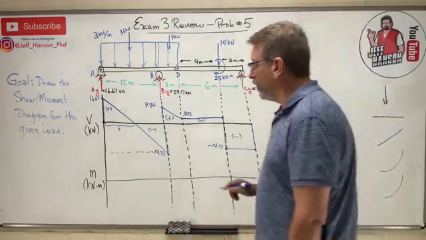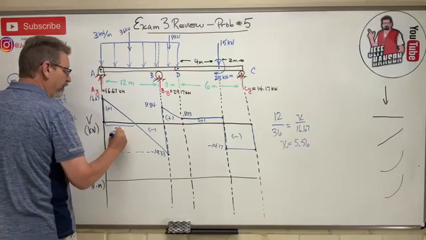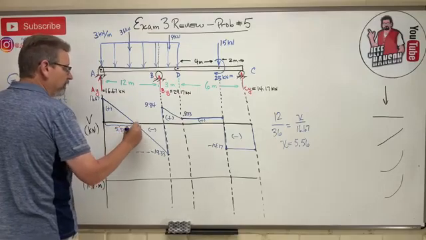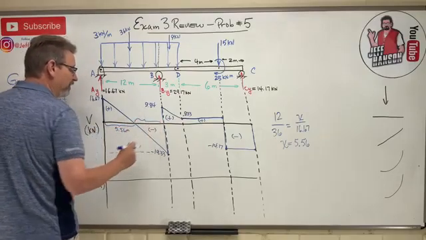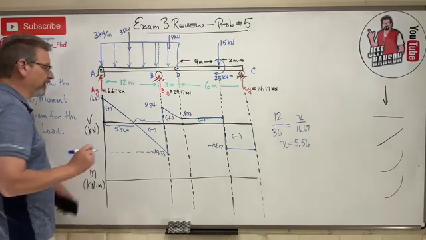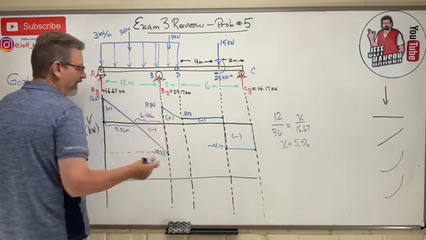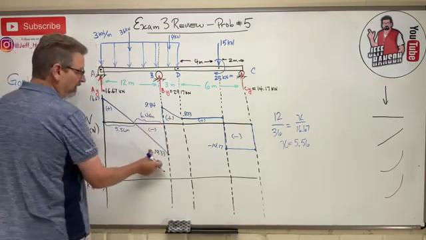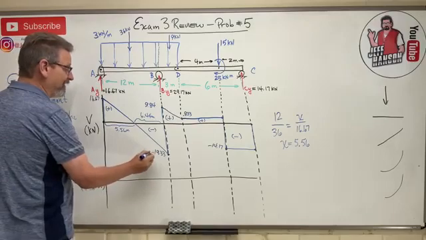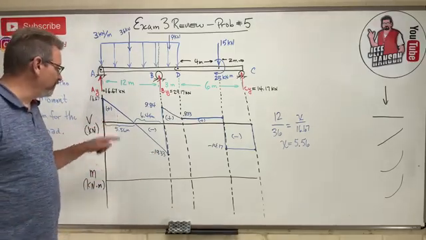Okay, so this distance right here is 5.56 meters, which means that this distance over here is minus 12, 6.44 meters. Why did I need to know that? Well, because the graphic method uses the areas of these shapes, and so I need 1/2 base times height to figure that triangle, don't I?